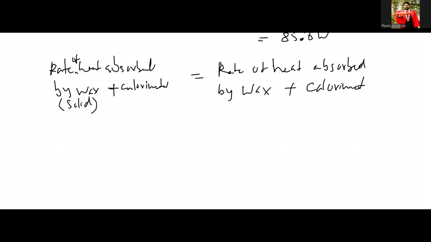Now the wax is in liquid form. Now what do we have to do? We already got the value for this one. This one we already got the value, 14.4.